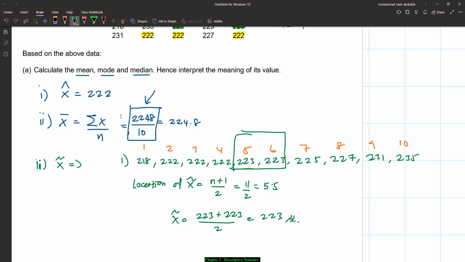Okay? So how to interpret this one? 50% of the sales are less than 223,000, and the other 50% of the sales are more than 223,000.